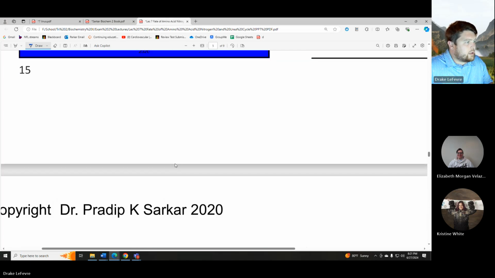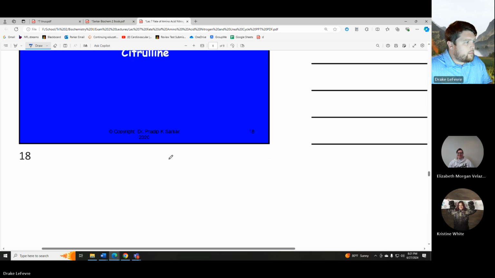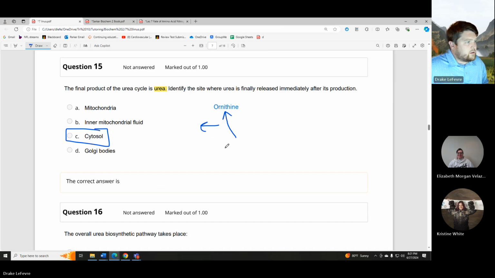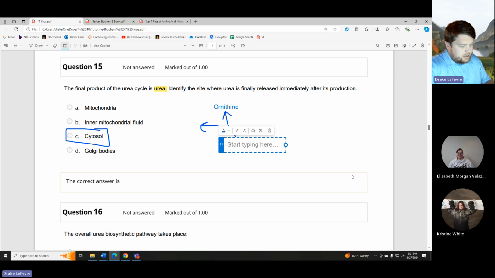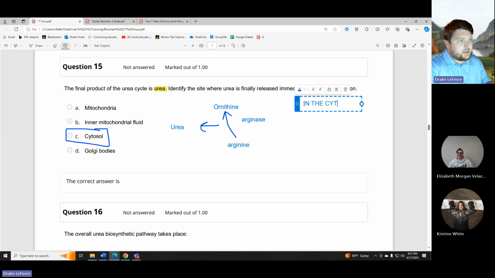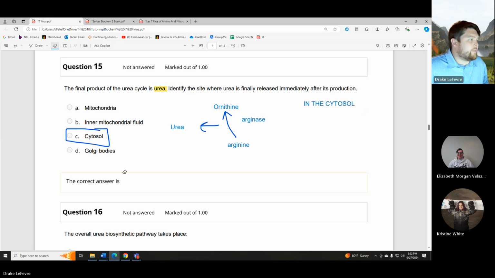Look, it's when our arginine goes to ornithine, and that last step, urea pops off thanks to the arginase enzyme. So here is arginine to ornithine, arginase enzyme, urea pops off in the cytosol. Good. Any questions about that?